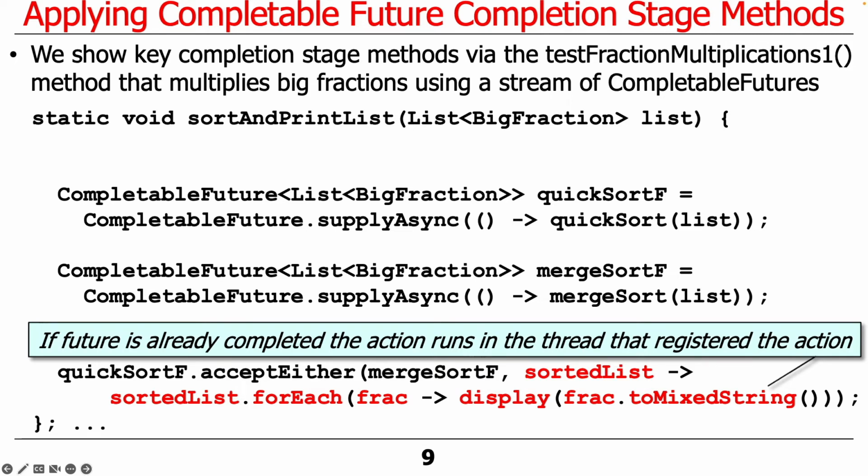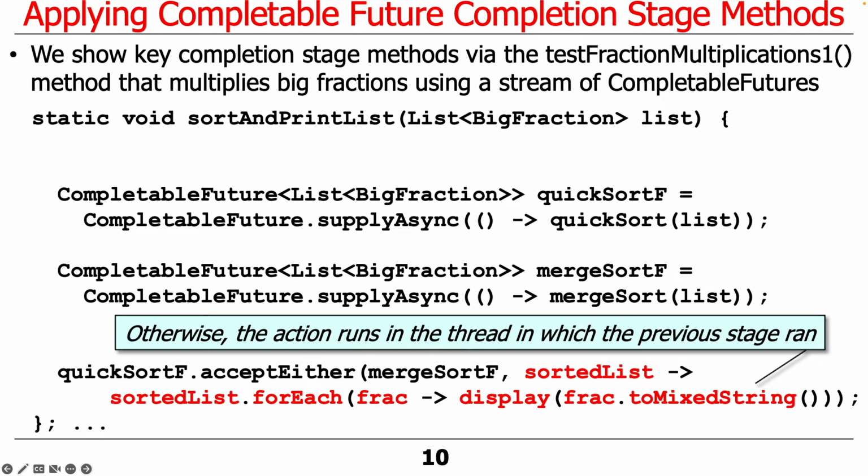However, if it takes a while to run and acceptEither has to be called back later, then the thread that runs this computation, the one highlighted in red, will run in the thread in which the previous stage ran that has just completed. So these are all sort of implementation details. I'm just explaining how things work under the hood because it's kind of interesting.